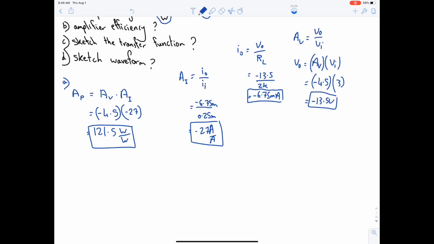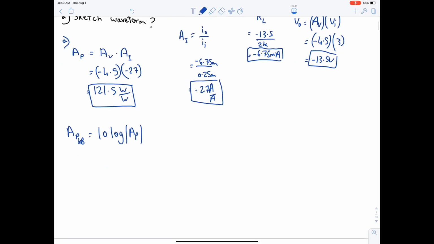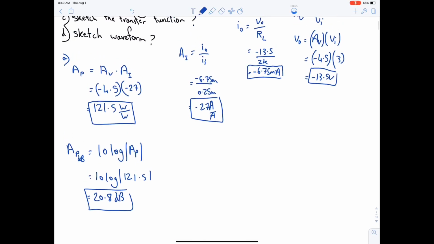After finding the power in watt over watt, we can find it in decibels. How can we find the power gain in decibels? It's 10 log the absolute value of AP. So the answer is 20.8 dB.